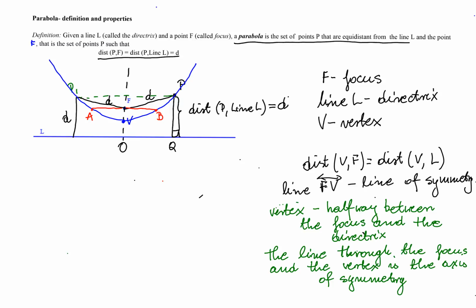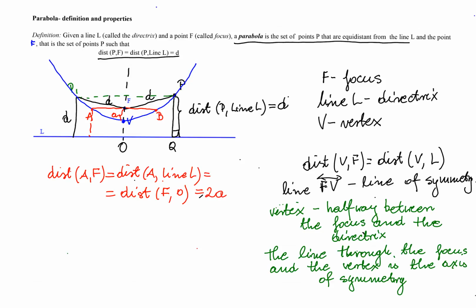Since those points are on the parabola, for example, the distance between the point A and F is going to be the same as the distance between the point A and the line L. But the distance between A and the line L is the same as the distance between the point F, or focus, and the point O. So if the distance between the focus and the vertex we denote by a, the distance between A and F is going to be twice that much, because the distance from F to O is 2a.